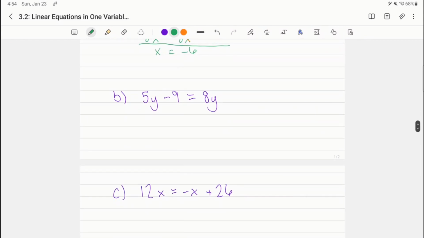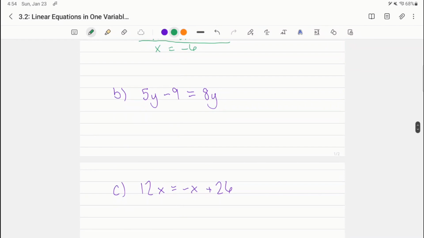Now part B. This time, instead of canceling out the 8y, because the 5y is on the same side as the negative 9, I'm going to cancel out the 5y by subtracting 5y from both sides.